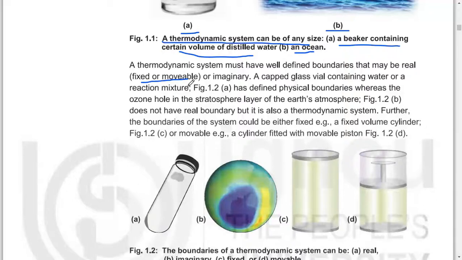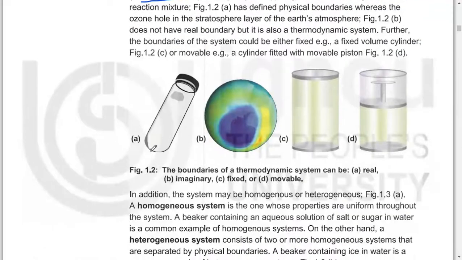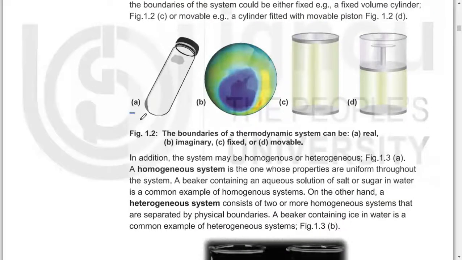Further, the boundaries of the system could be either fixed, for example a fixed volume cylinder, C, or movable, for example a cylinder fitted with a movable piston, D. The boundaries of a thermodynamic system can be A, real, B, imaginary, C, fixed, or D, movable.